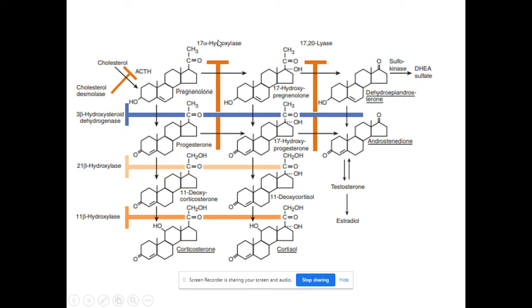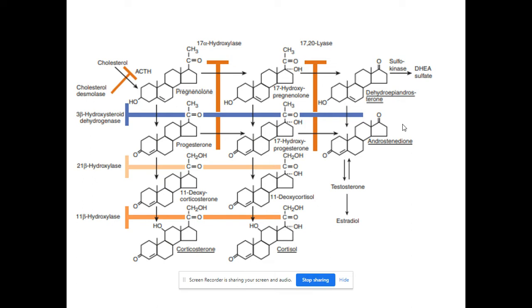Pregnenolone is therefore hydroxylated in the 17th position and then subjected to side chain cleavage to form dehydroepiandrosterone. Androstenedione is also formed via progesterone and 17-hydroxyprogesterone, but this pathway is less prominent in humans. Dehydroepiandrosterone and androstenedione are then converted to testosterone.